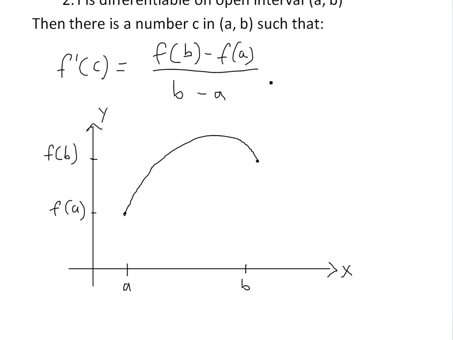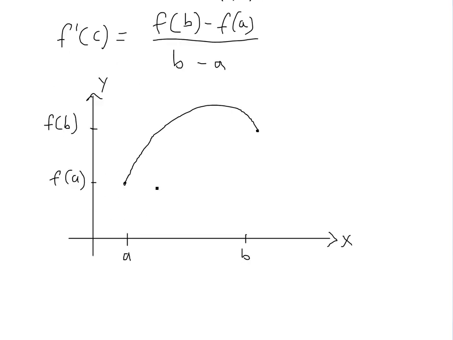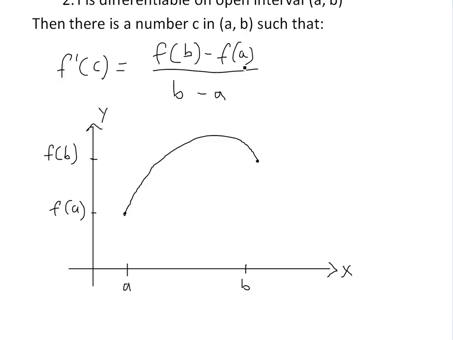And this is basically a rise over run. If you were to draw it graphically, if you have a function, let's say like here from a to b, there's f of a, there's f of b, it's continuous and differentiable in between, then there has to be this c value. Remember, this is just a slope from this point to this point, and this is going to be f of b minus f of a, and then this difference here is just b minus a.